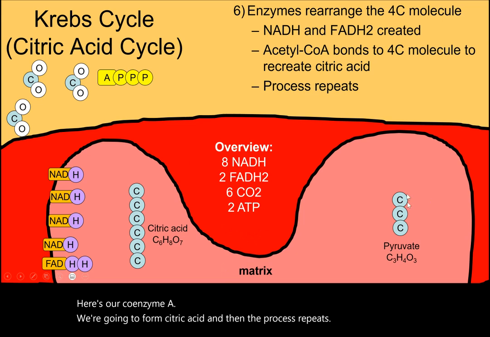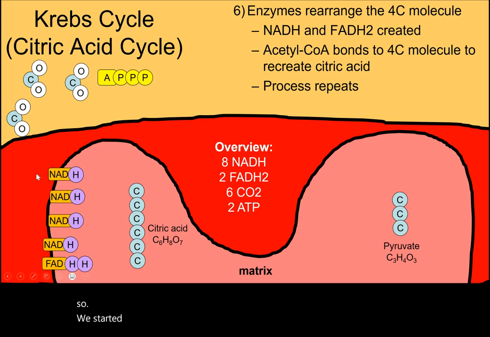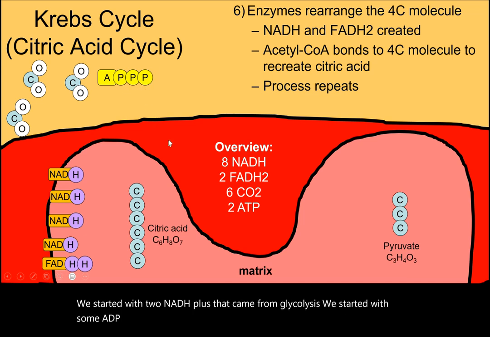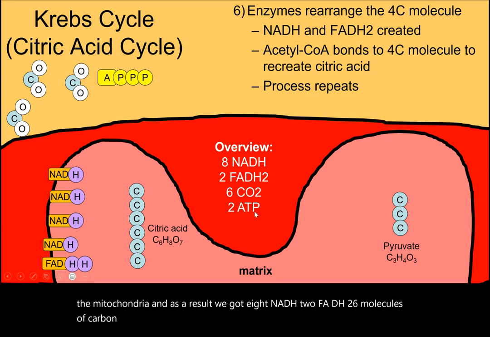And don't forget, we have that other pyruvate molecule over here too. So we started with 2 NADH plus that came from glycolysis. We started with some ADP that needed to be recharged. We started with pyruvate that came to the mitochondria. And as a result, we got 8 NADH, 2 FADH2, 6 molecules of carbon dioxide, and 2 ATP.